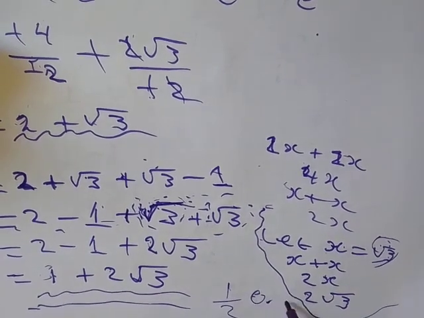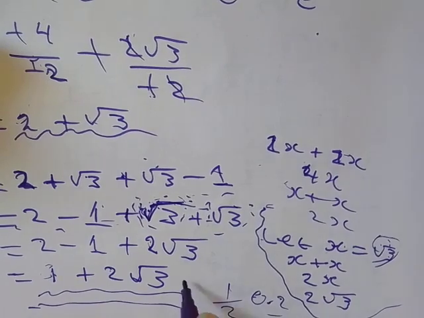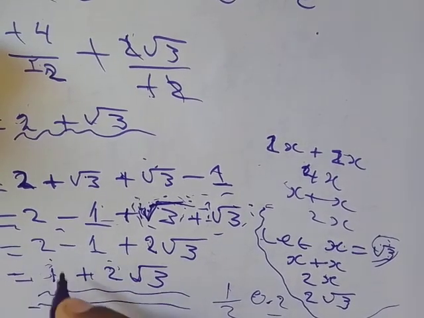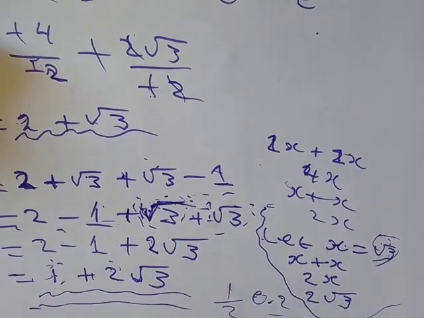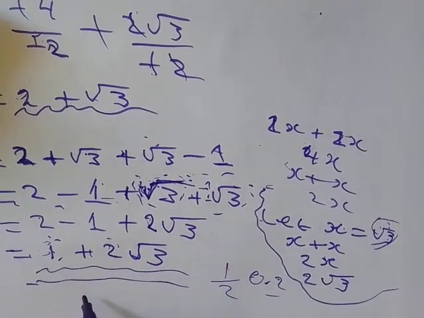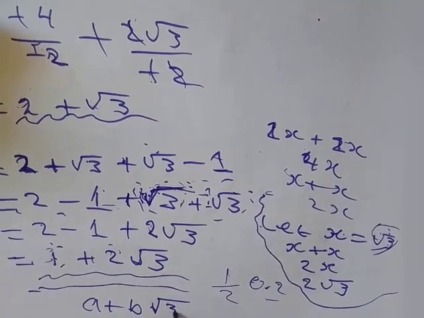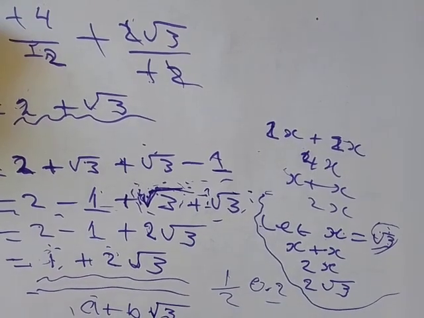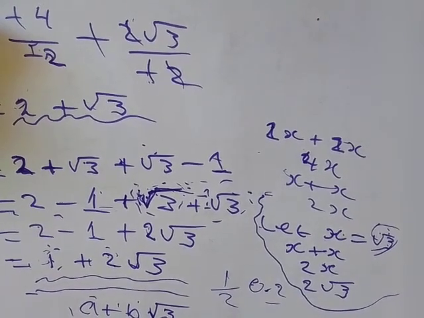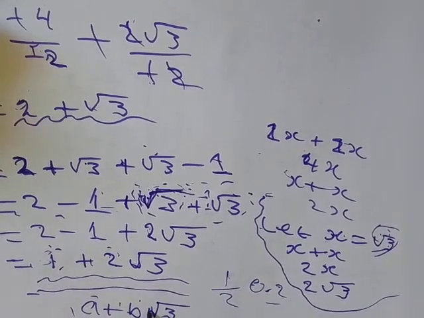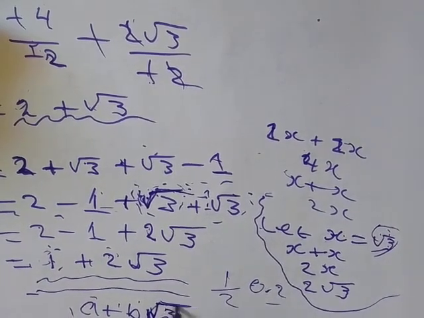We don't have anything like 1.2. This is what they want. If you see the question, they even say that you should leave your answer in which format? A plus B. They even included this. So meaning in your final answer, A can be anything, B can be anything, but you just need to have a square root of 3.